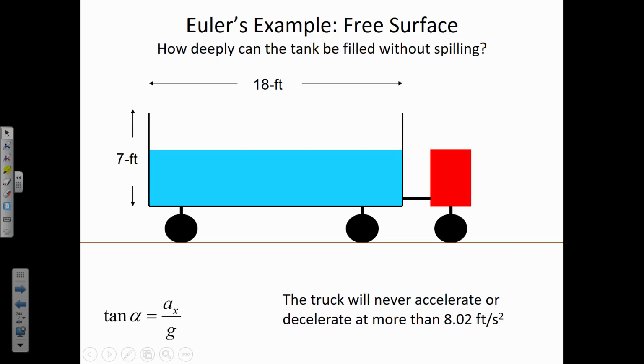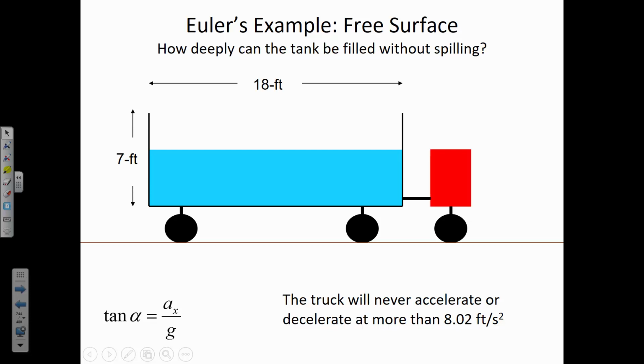So here we're going to say that our acceleration in the x direction is 8.02 feet per second squared, and g is 32.2 feet per second squared. So what we want to know is how much liquid could we put inside of this truck.